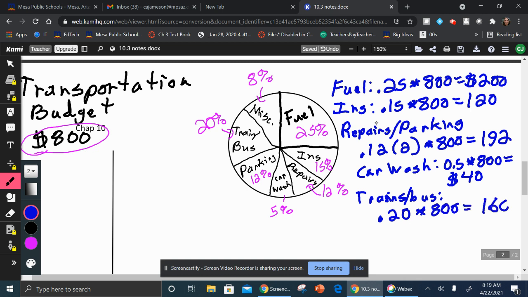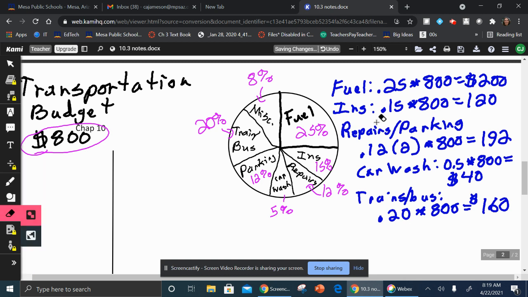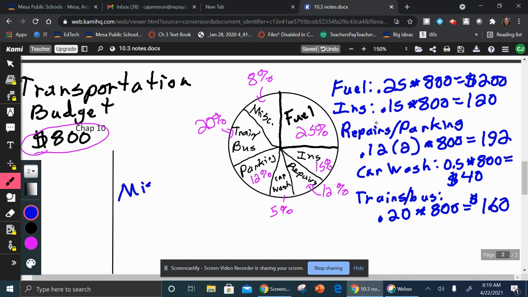So we get 160. Okay, and then miscellaneous is going to be 8%. 8% as a decimal times 800 is 64. Okay, so all those are ways to do the cost, everybody.